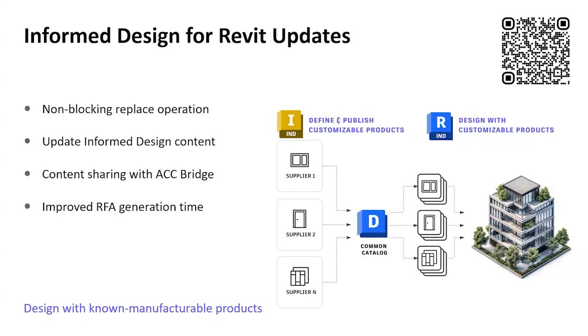There's new content, and we can manage it correctly or better. The new ACC bridge integration allows manufacturers to publish the content, so you could bring it into your model. Improved RFA or Revit family generation time, so improving optimization. Again, scan it, learn more about it.